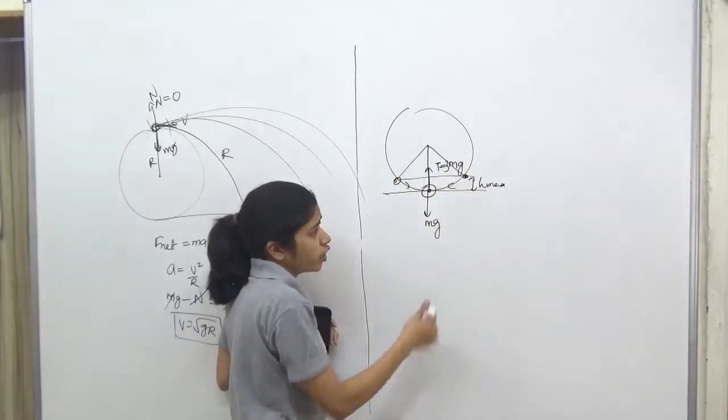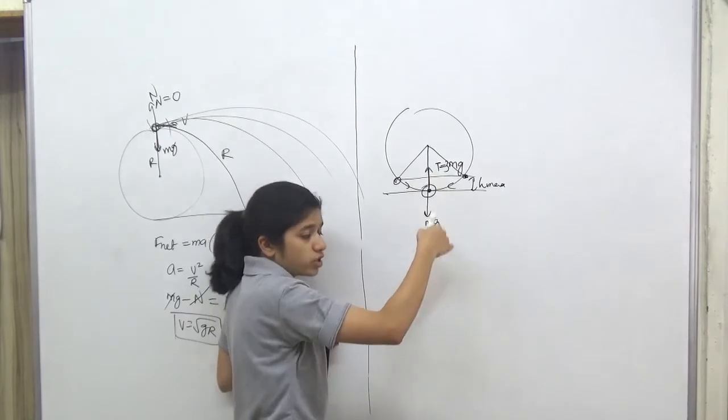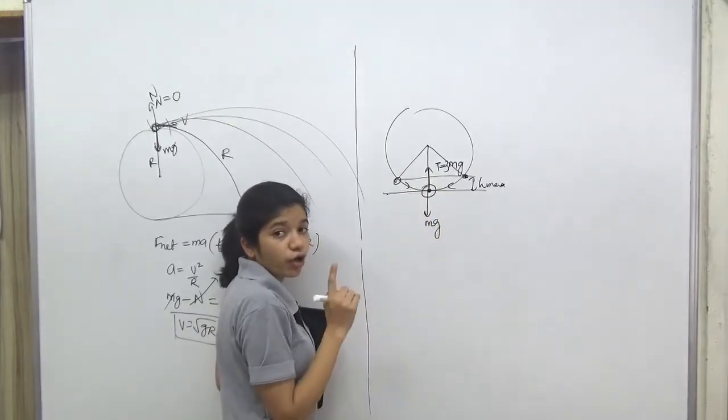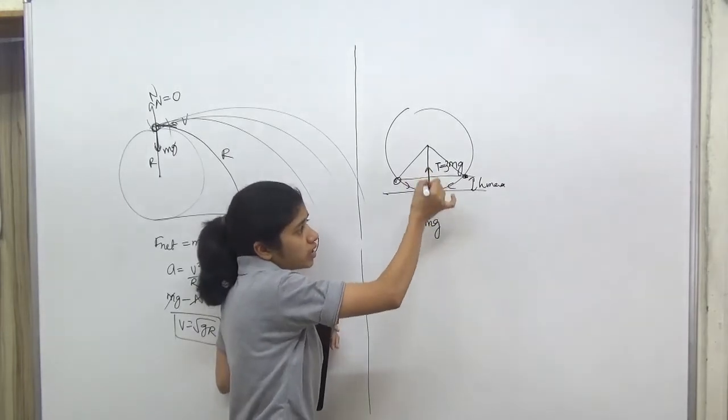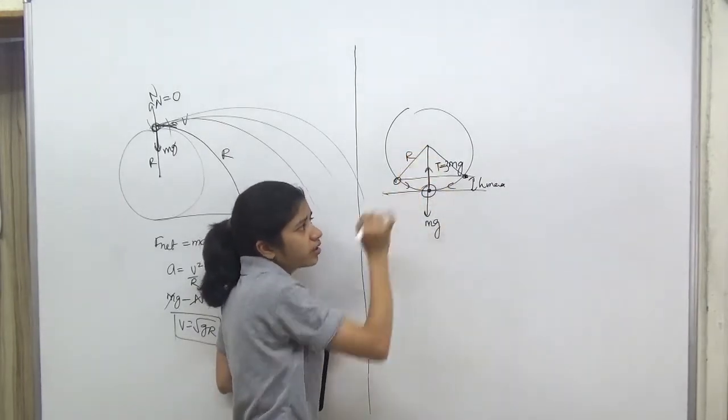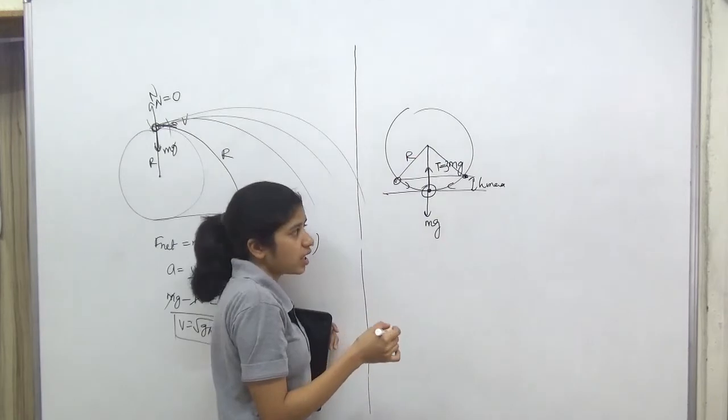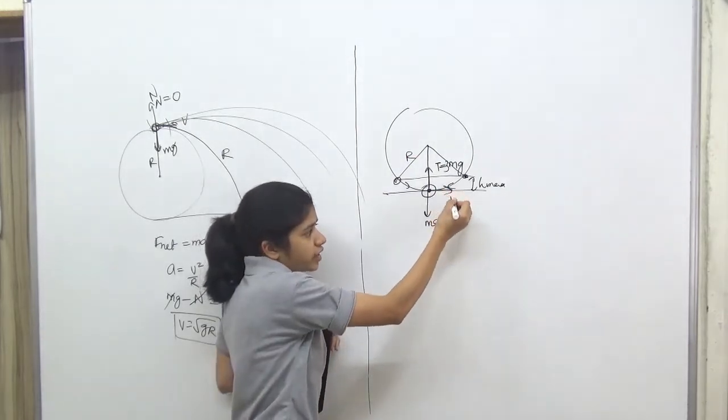So now at this point, we know the forces. F net is equal to ma. This object is moving in a circle of radius r. At this point, let's say its speed is v.